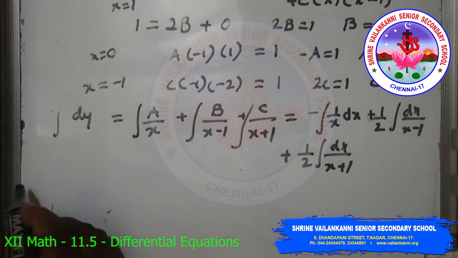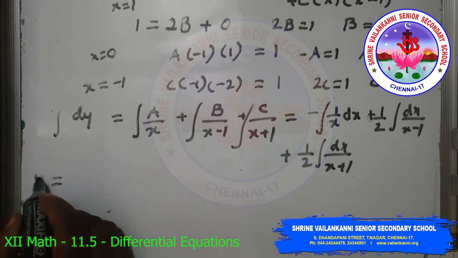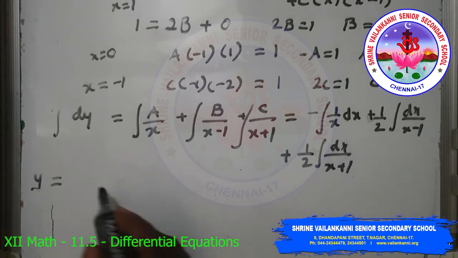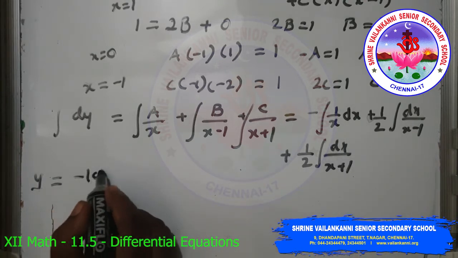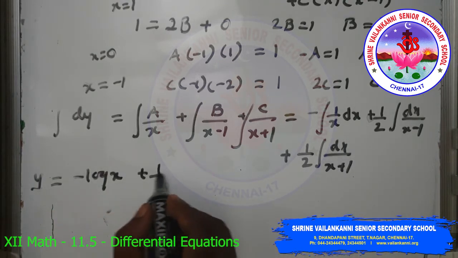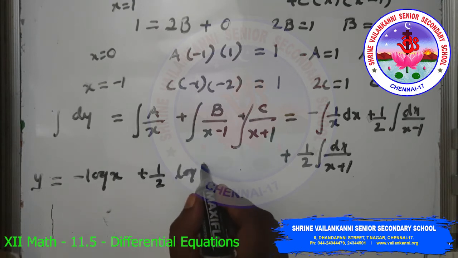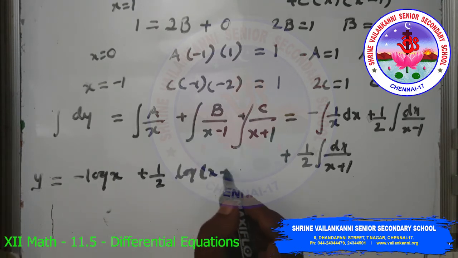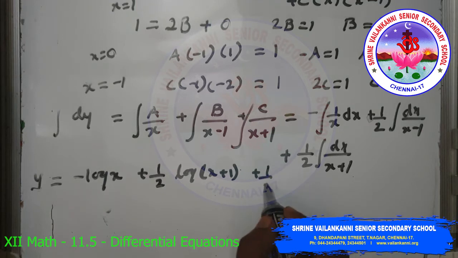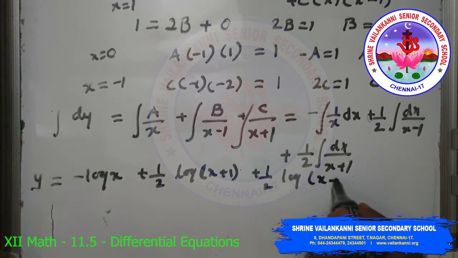So y equals minus log x plus half log(x − 1) plus half log(x + 1).